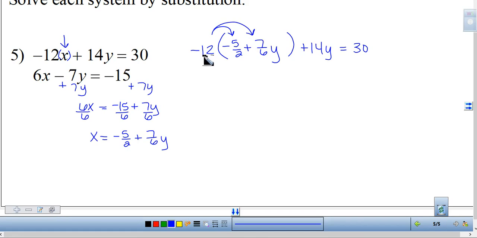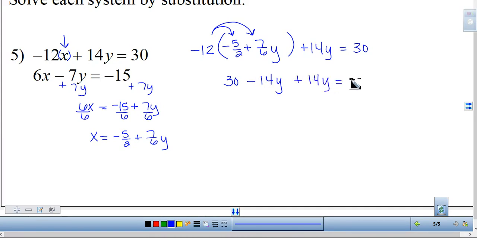When I multiply -12 times -5/2, be careful with your signs. It does become positive, and you get 60 divided by 2, which is 30. -12 times 7/6 is going to give me a -14y.